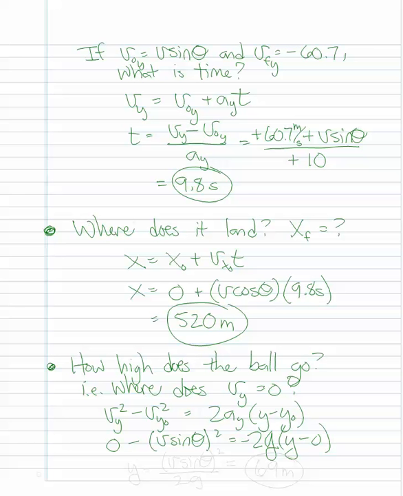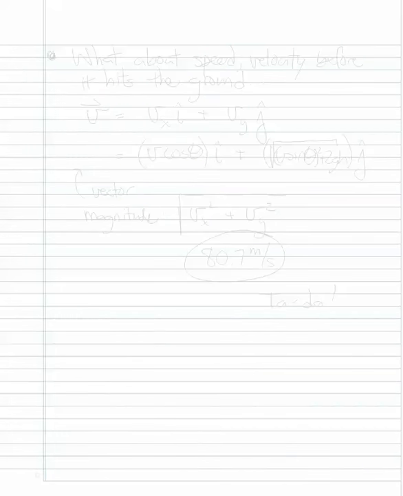So when I multiply through, y is equal to v sine theta squared all over 2g. And when I do that, I find that the total y that it goes before it turns around is 69 meters. Okay. Wow, I'm on a roll now.